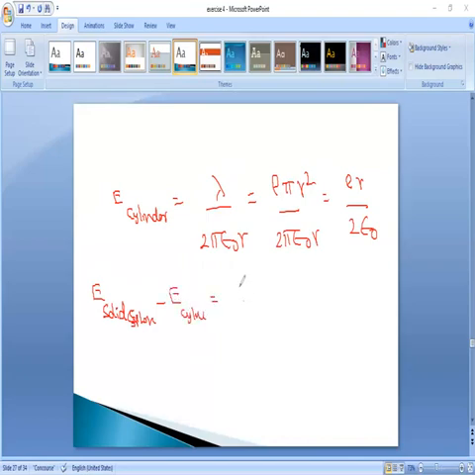So the final answer will be rho r by 3 epsilon naught minus rho r by 2 epsilon naught, which is finally rho r by 6 epsilon naught. This is the answer for electric field at that particular point A after removal of this cylindrical part from the sphere.